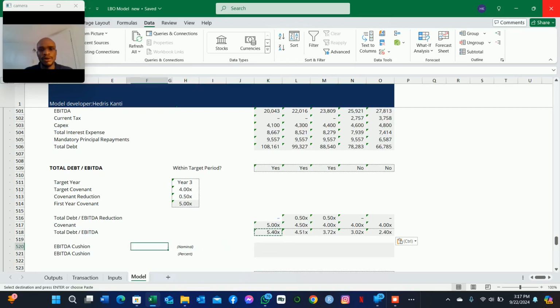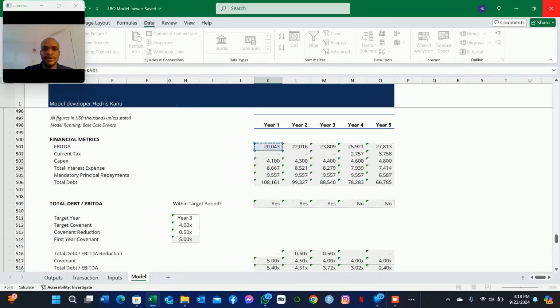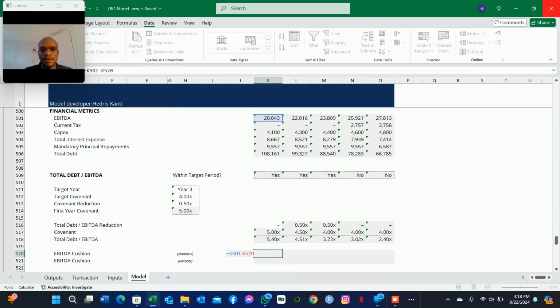And then the EBITDA quotient, in this case, it's gonna be equal to, what we're gonna do here is we're gonna take EBITDA and then we deduct from it the total debt, and then we divide it by our covenant of 5 times in the first year.